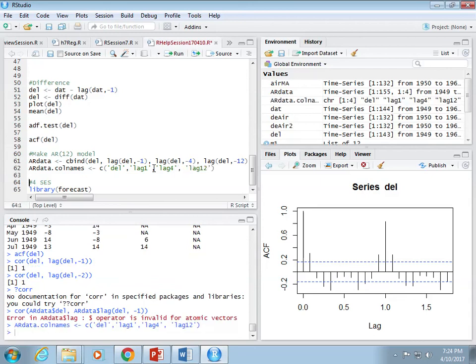I'm just giving it some bare names. And then we'll call this AR linear model 1. It's just going to be a linear model where we're regressing del as a function of its previous value plus the value from 4 months ago plus the value from a year ago.